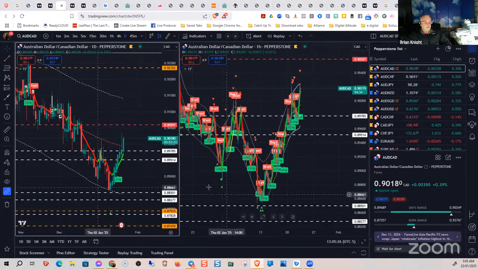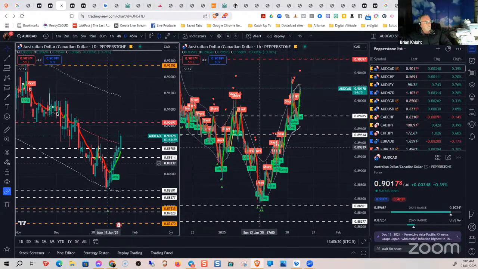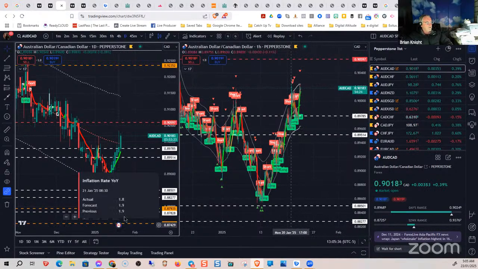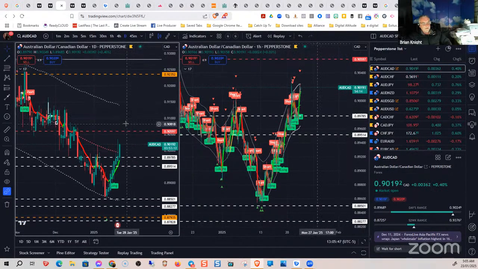This is wait for short, but now we had that Canadian news, which was the inflation rate. It pushed up, pulled back, and now the Aussie dollar is strengthening back up against the Canadian, which it will also do against the US.